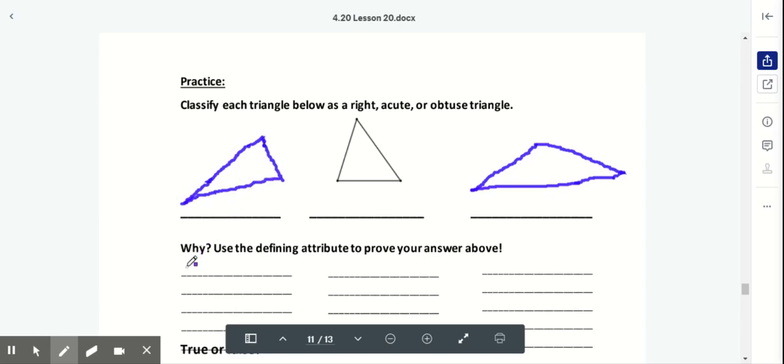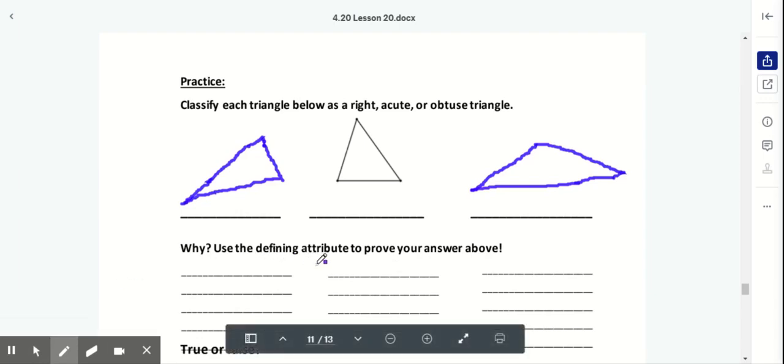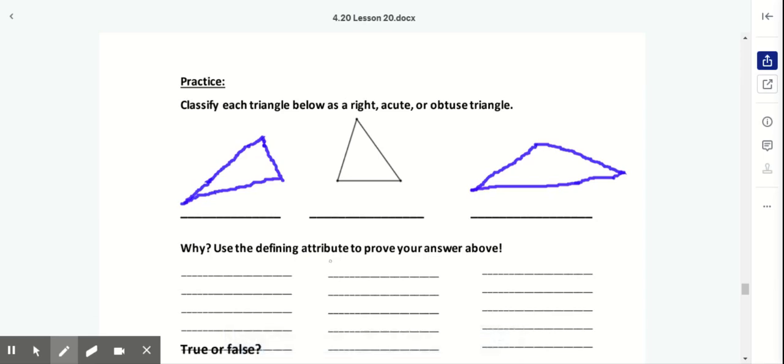Why is it a right angle? Use the defining attribute to prove your answer below. Now, a defining attribute is the characteristic that defines that triangle, right? That's different from an attribute, which is any characteristic of a category. That could be color, shape, or size.